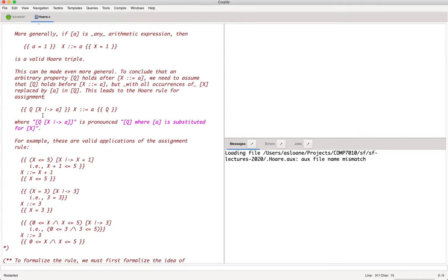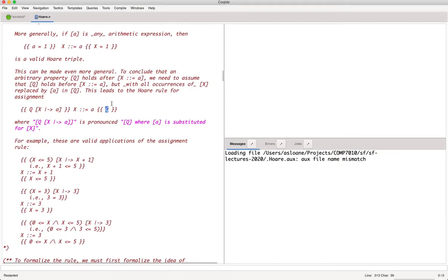It's basically saying that you take the assertion Q, and throughout Q you replace all the x's with a, right, where x and a come from the assignment statement. So in essence, what you're saying is if the assertion Q holds beforehand about a, then it holds afterwards about x. That's one way to think about it.